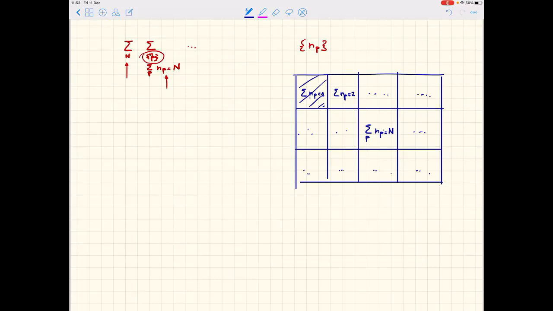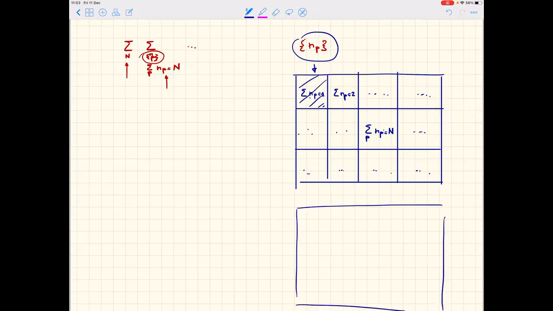Or you can perform this sum by just summing over all possible sequences, no matter what the value of the constraint is. So I'm essentially summing over all possible sequences sitting in the big box without partitioning it. Is it clear now?